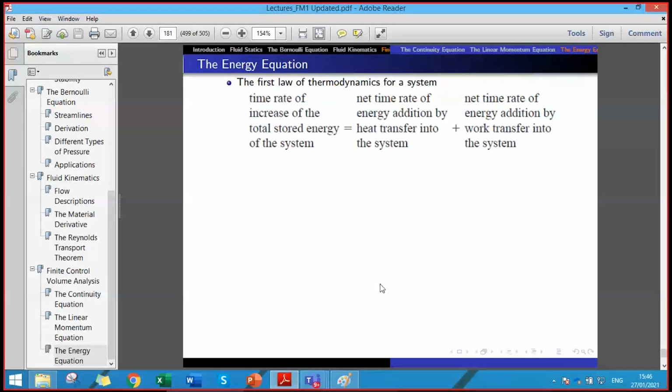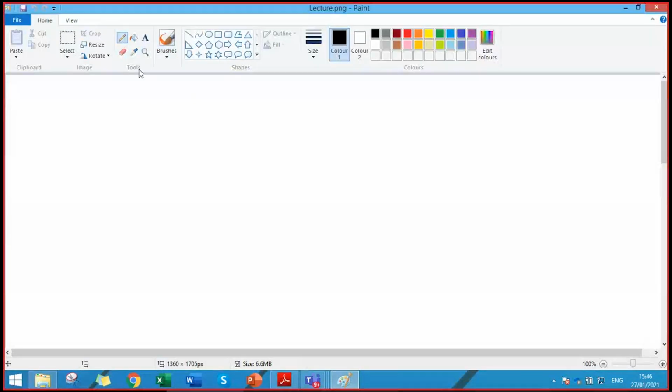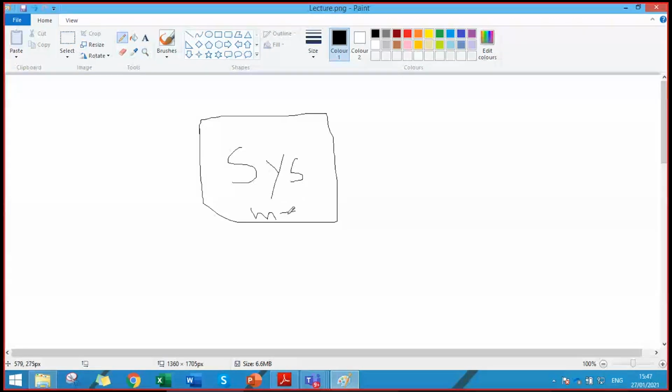So if we have a system, let's say this is a system, it is a closed system. By system, its mass will be constant. So only heat can enter or leave. That is Q in, Q out.